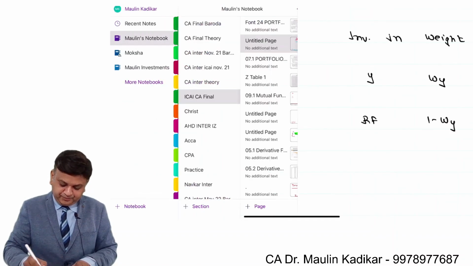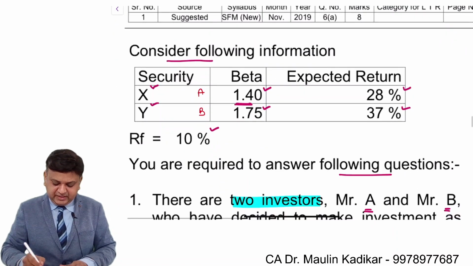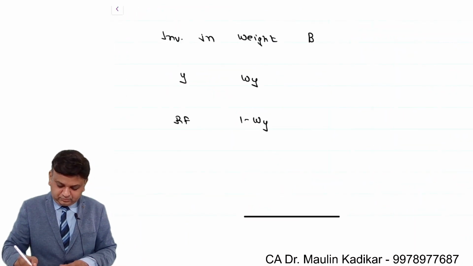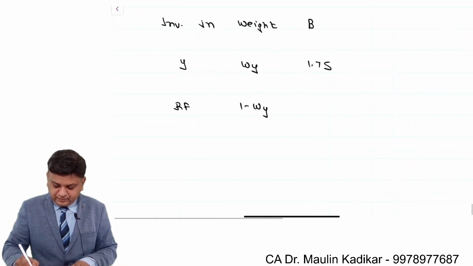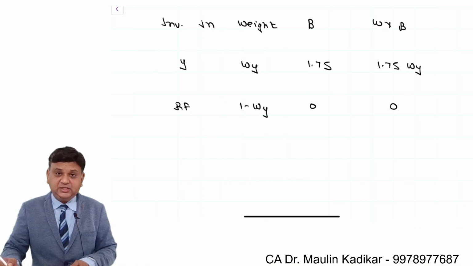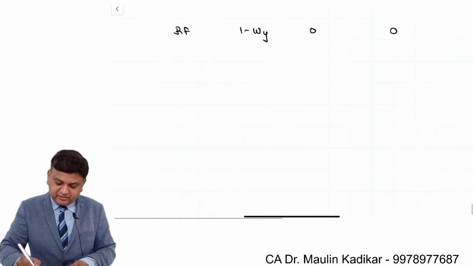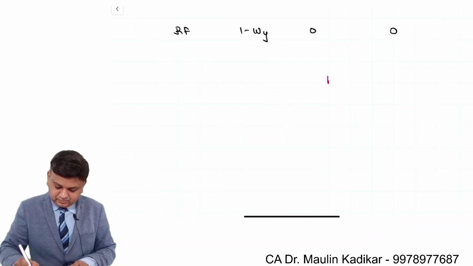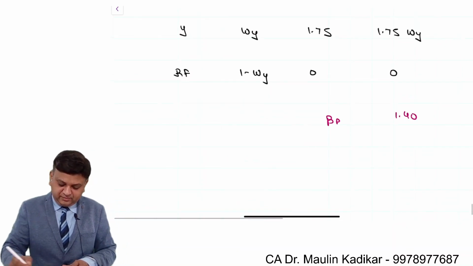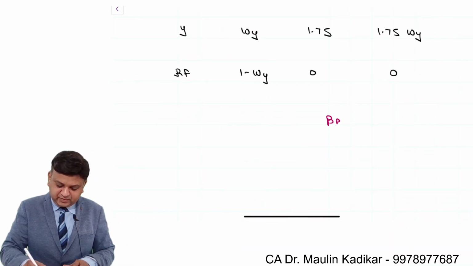Beta: for security Y, the beta is given to us as 1.75. This is 0. Weight into beta, so it is 1.75 WY, and this is 0. Beta of the portfolio should be 0.35. Accordingly, we are required to make investment.